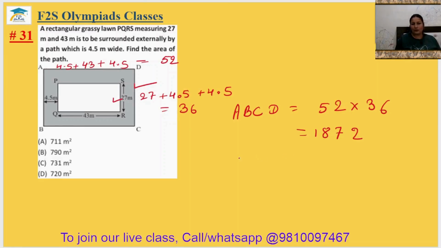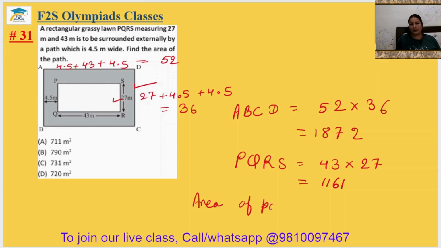Now area of PQRS is 43 multiplied by 27, which is 1161. Area of the path: subtract these areas. Area of path equals 1872 minus 1161 equals 711 meter square. It is in option A. The 31st answer is option A.